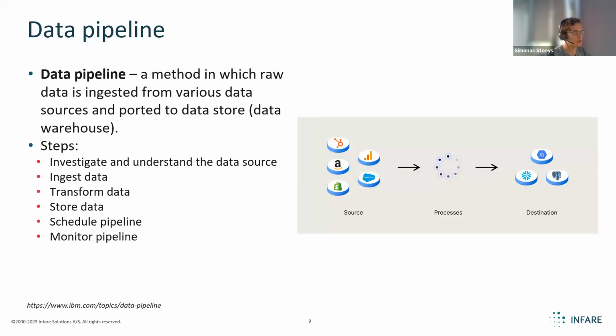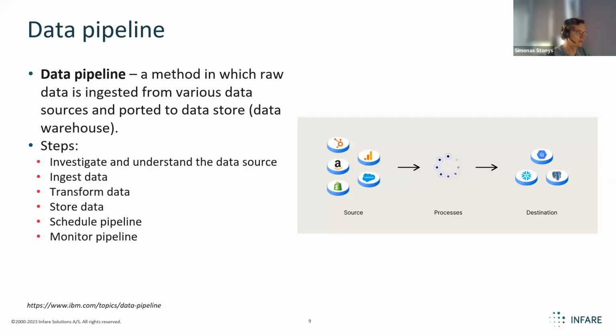And for the purpose of this presentation, let's assume that we are always getting data from some APIs or product databases, and we are sending that data to our data warehouse. The data in a data warehouse usually comes from many different data pipelines.